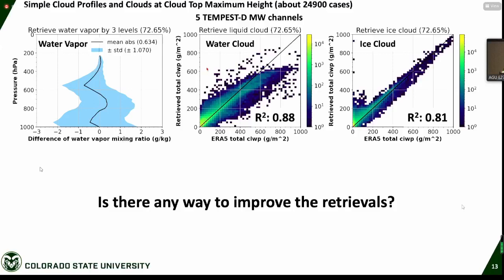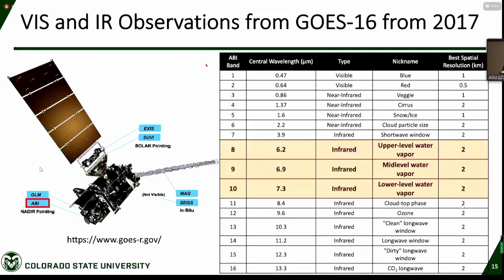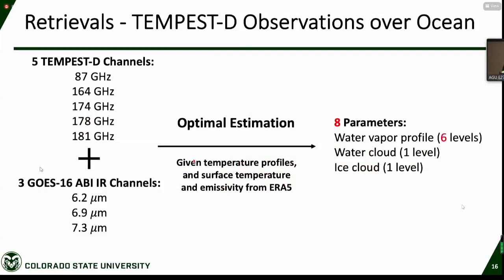The answer is yes. We take observations from GOES-16. GOES-16 provides observations from visible to infrared, and we use channels 8 to 10, the IR channels from GOES-16, and include them in our optimal estimation algorithm.